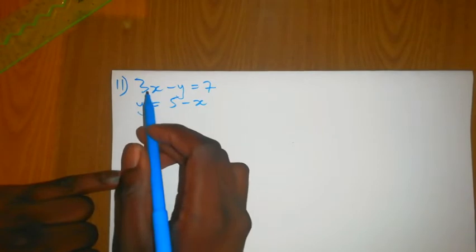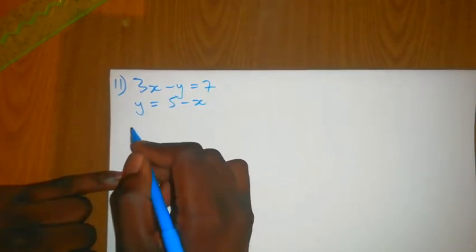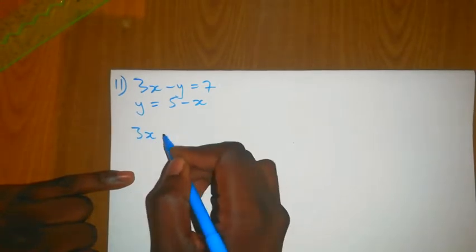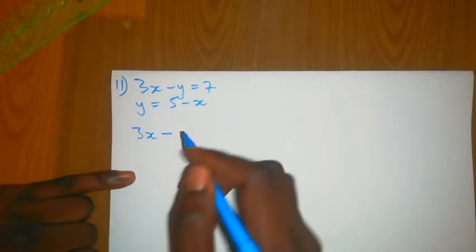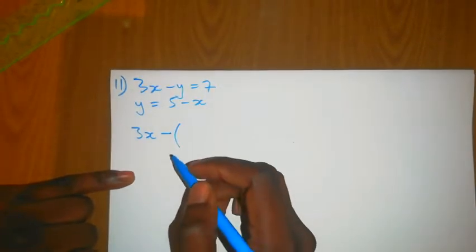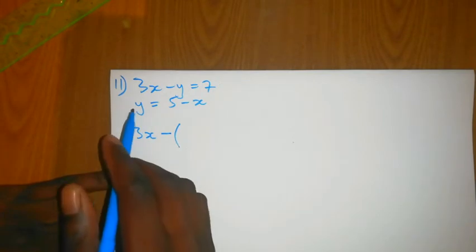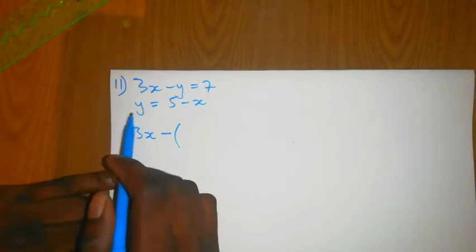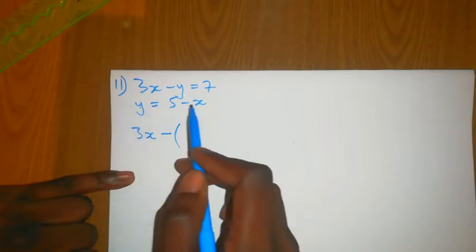In this case, I'm going to take that top equation, which I'm going to write as 3x minus, instead of putting that y, open bracket, 5 minus x. 5 minus x is the same as y, since the question here says y is equal to, this means y is the same as 5 minus x.